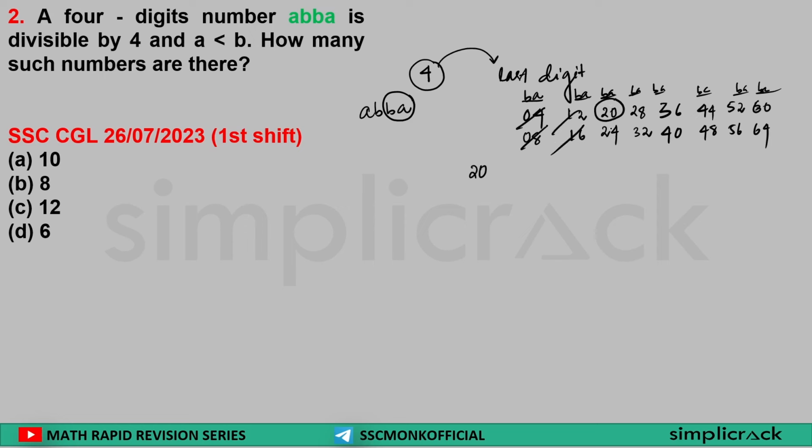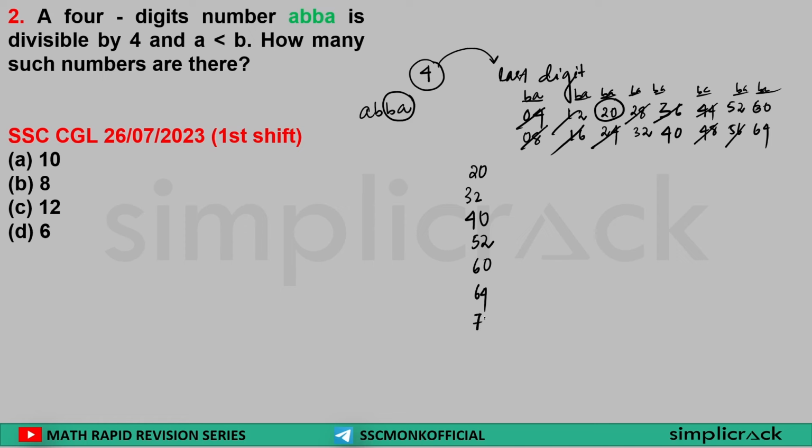So 20. 24 cannot be possible. 28 cannot be possible. 32 is possible. Then 36 is not possible. 40 is possible. 44 is not possible because they are equal. 48 not possible. 52 possible. 56 not possible. 60 possible. Yes or no? Now 64 possible. 68 is not possible, right? Because A will be greater than B.